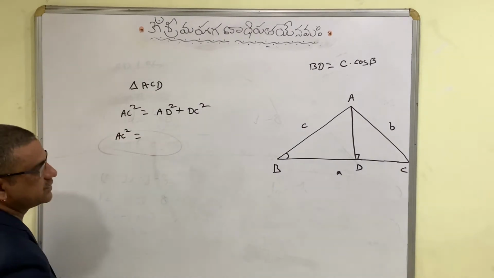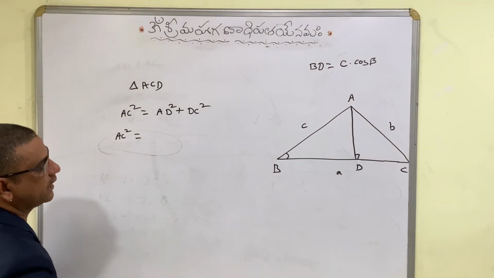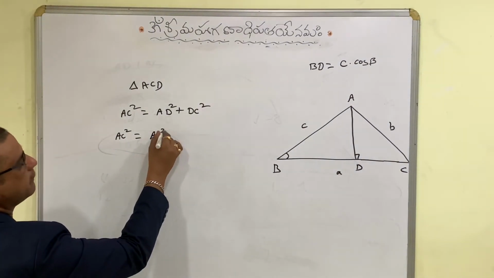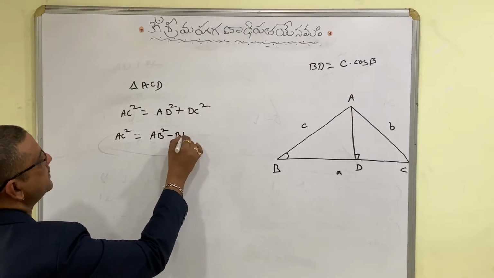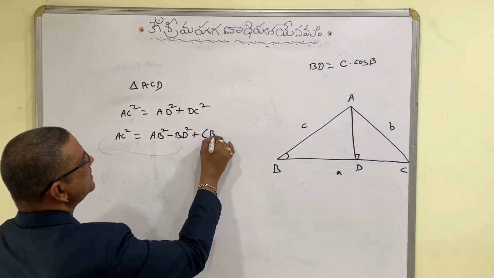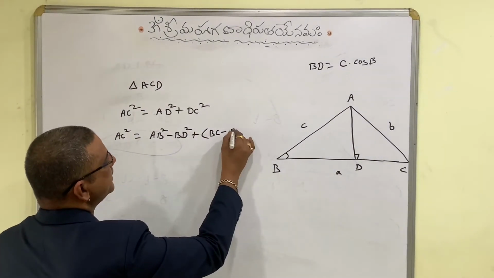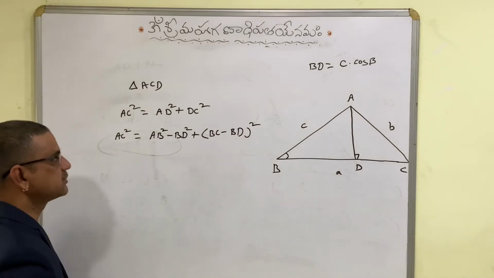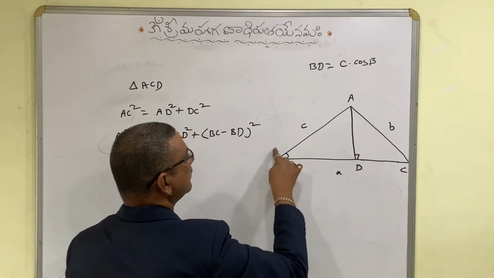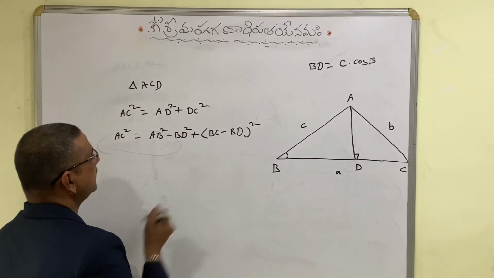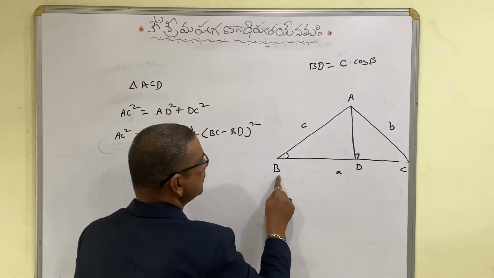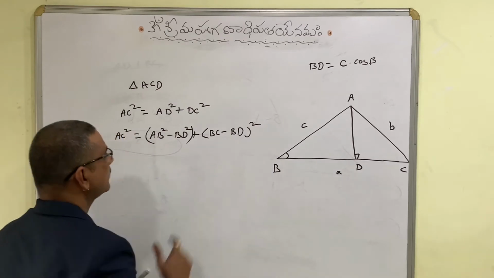So AC square is equal to AD square plus DC square. AD square can be expressed as AB square minus BD square. That is the first part. And the second part, DC square, can be expressed as BC minus BD whole square.